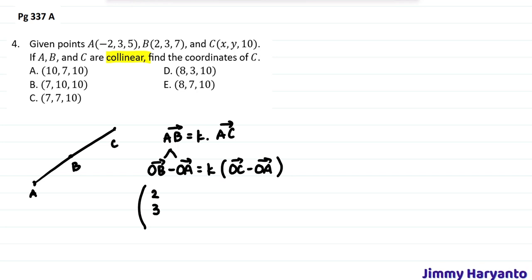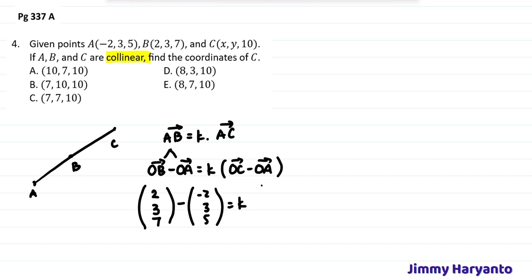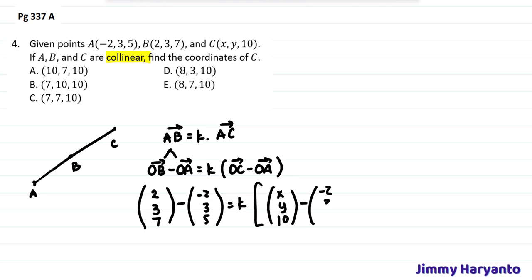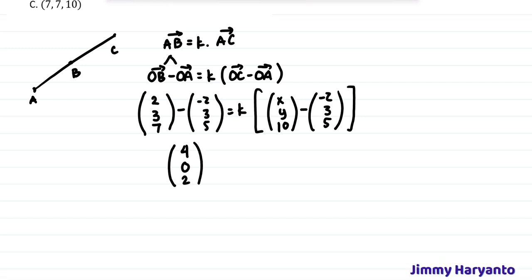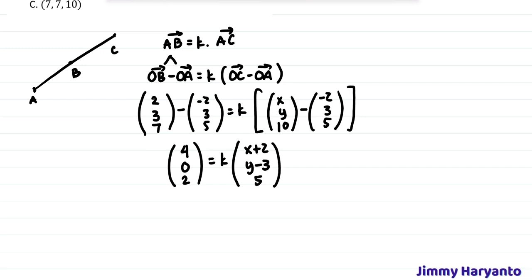OB is (2, 3, 7) minus OA (negative 2, 3, 5) equals K times (OC, which is (x, y, 10), minus OA (negative 2, 3, 5)). Then calculate the result: this one is 4, this one is 0, then 2, equals K times (x plus 2, y minus 3, and 5 for the last one).